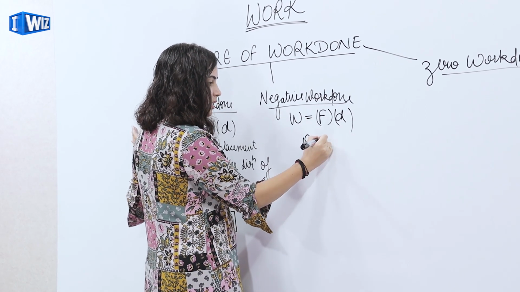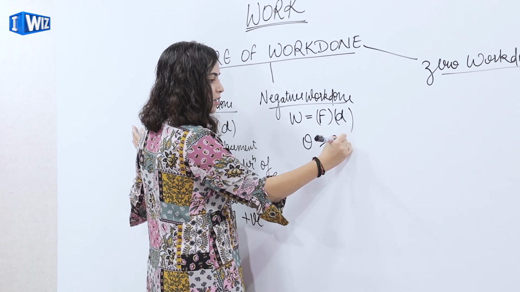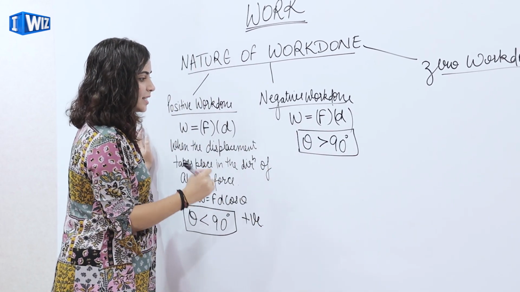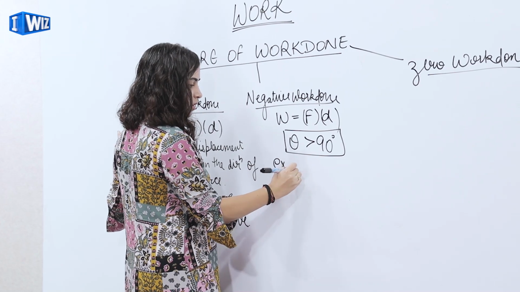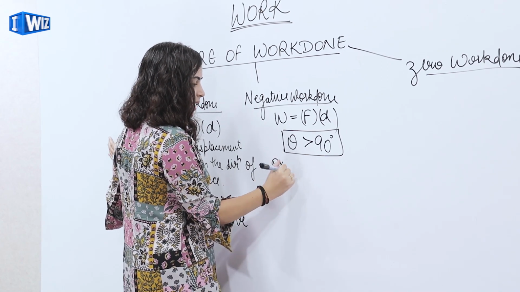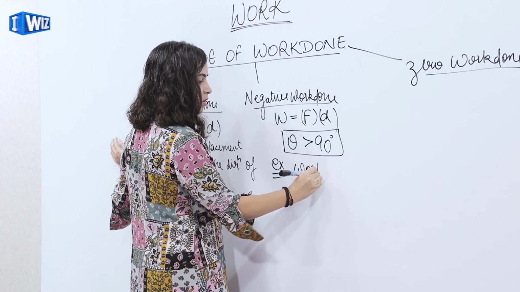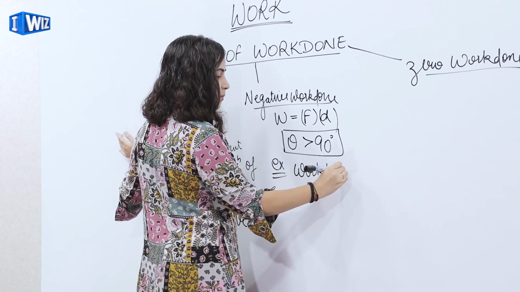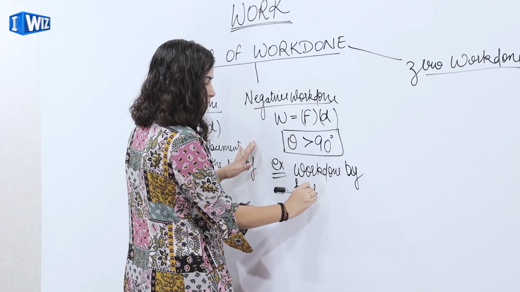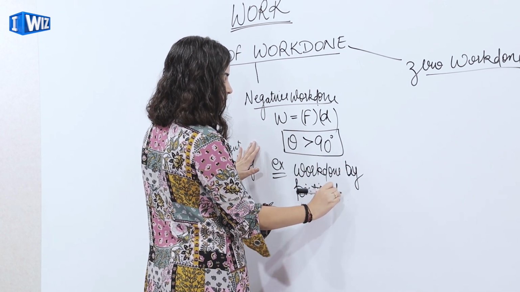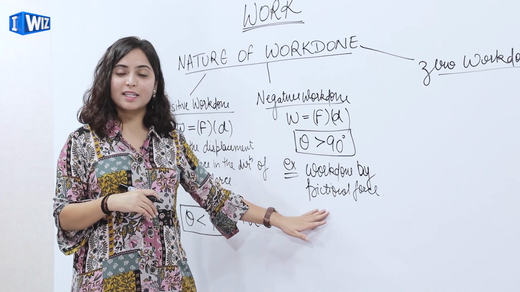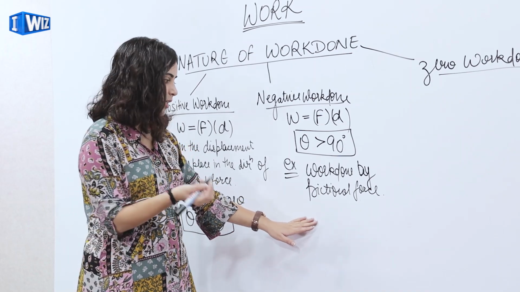For this, theta is greater than 90 degrees. What can be an example of this? Example, work done by frictional force. What happens in frictional force? Frictional force acts in the opposite direction of displacement.